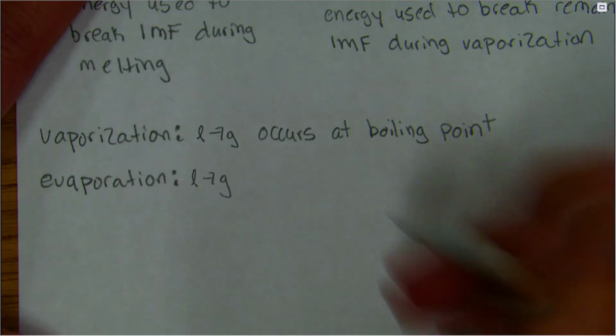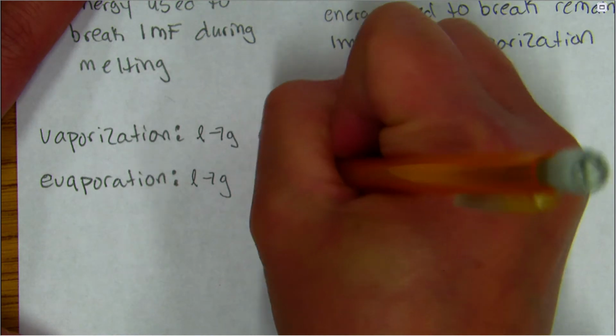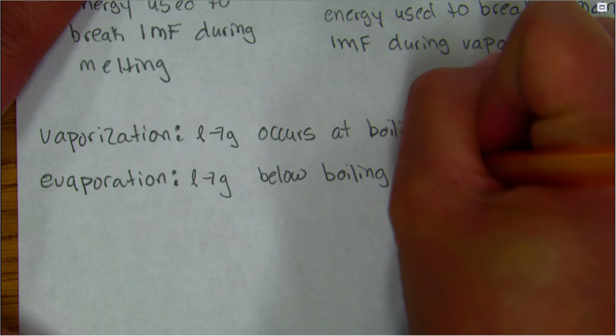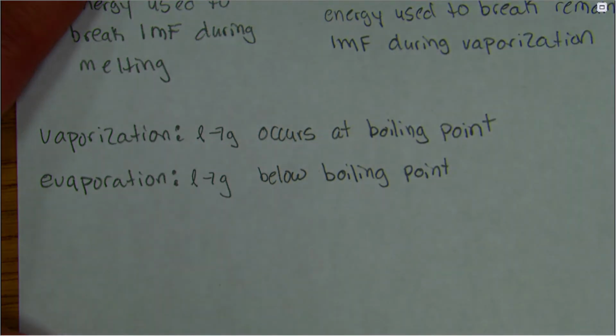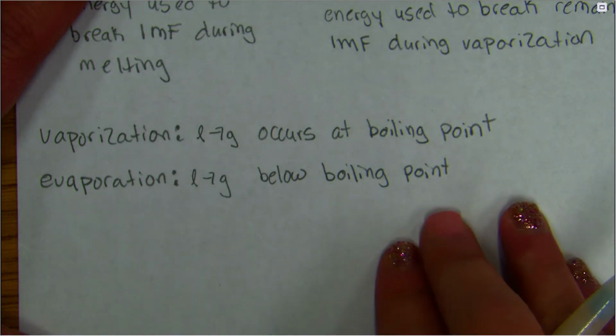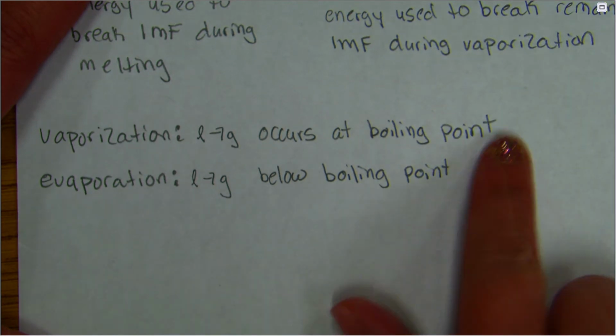Evaporation is still a liquid to a gas, so this is how they are the same, but it occurs below boiling point. If I was to take a glass of water and sit it out and come back to it next week, is the water still there? No, it has evaporated. The temperature of my classroom is not 100 degrees Celsius.